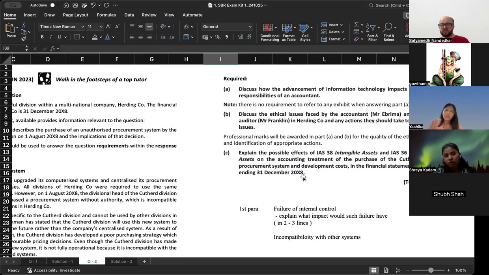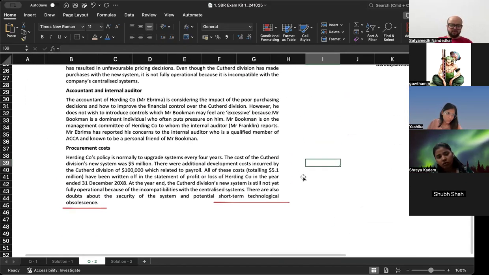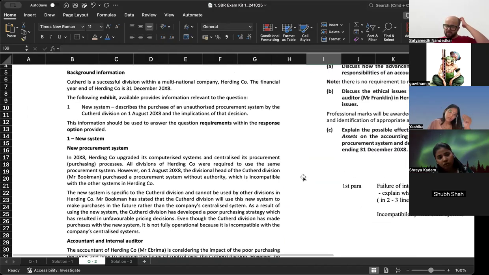Explain the possible effects of IAS 38 intangible assets and IAS 36 impairment on the accounting treatment of the purchase of Cutherd division's procurement system and development cost in the financial statements for the year ended 31st of December 2008. It is a small question, the exhibit is not long.